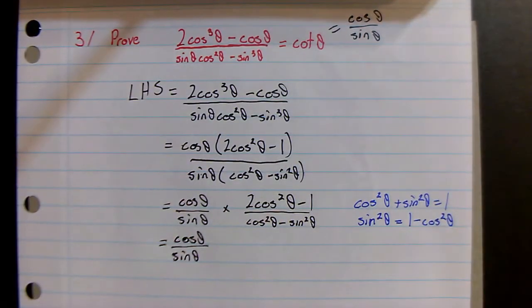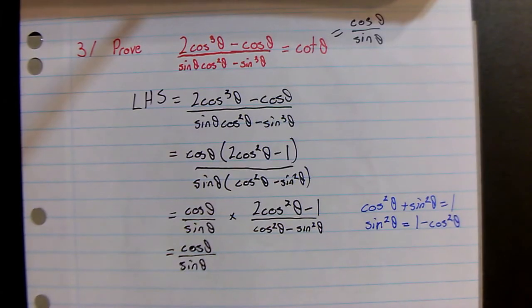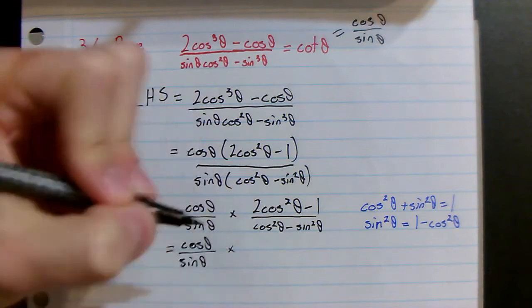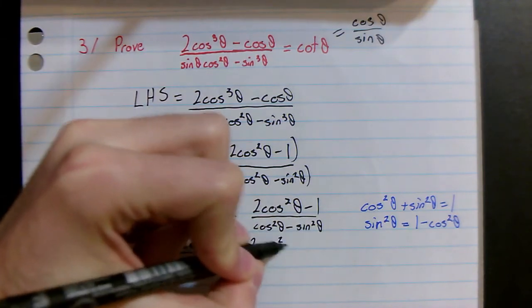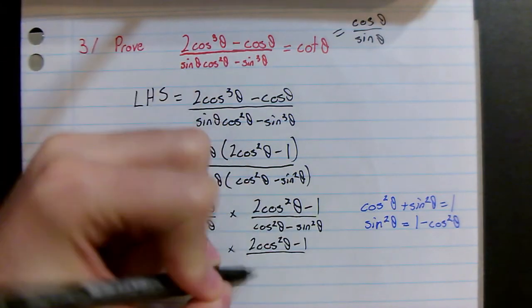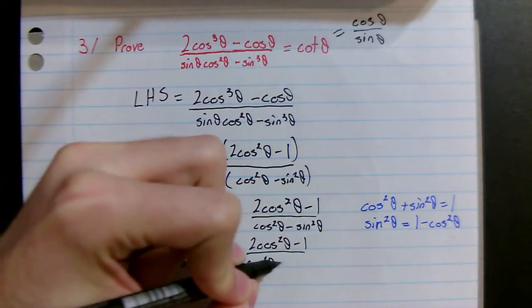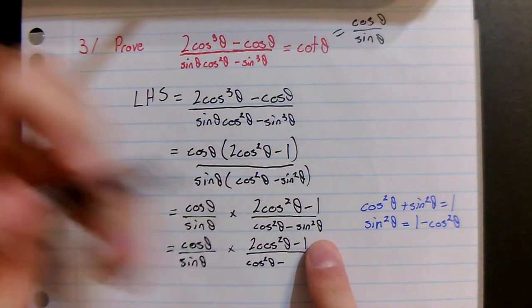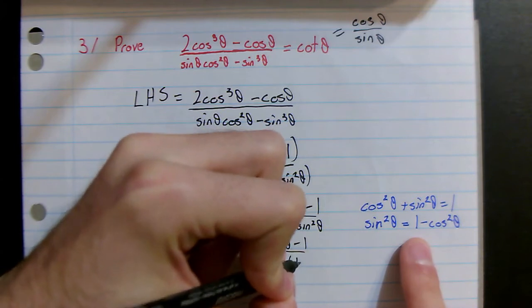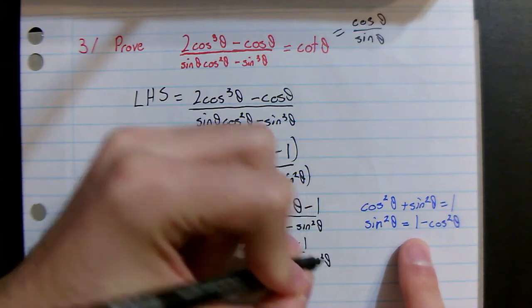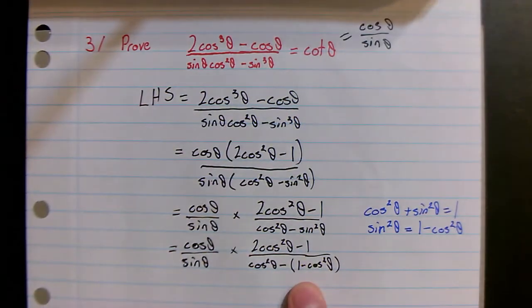That's pretty nice. So now I can rewrite my denominator, and I can say, well, it's 2 cos squared theta minus 1 over cos squared theta minus, now what did I just say sine squared theta was? I said it's 1 minus cos squared theta. Just like that.